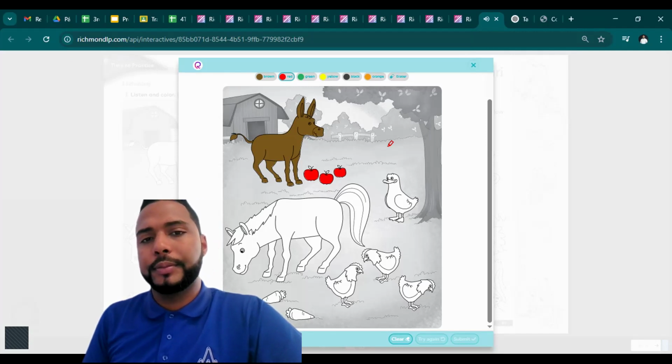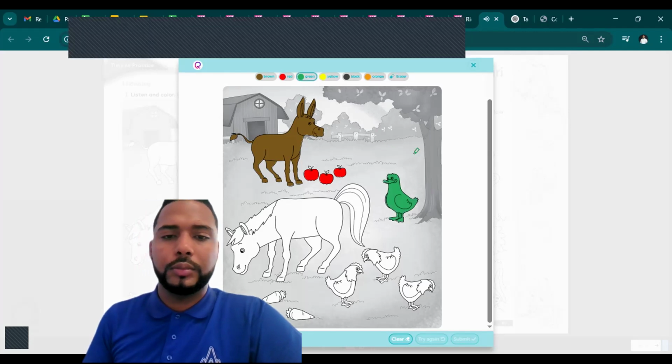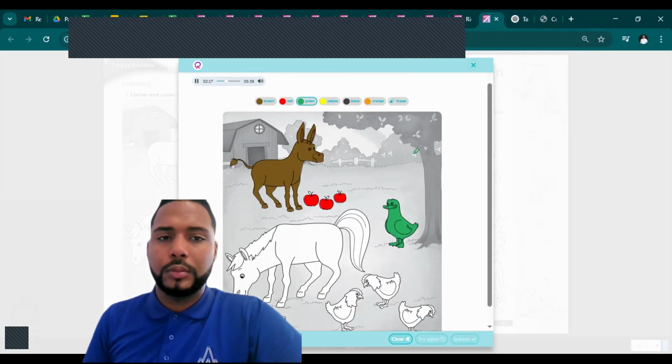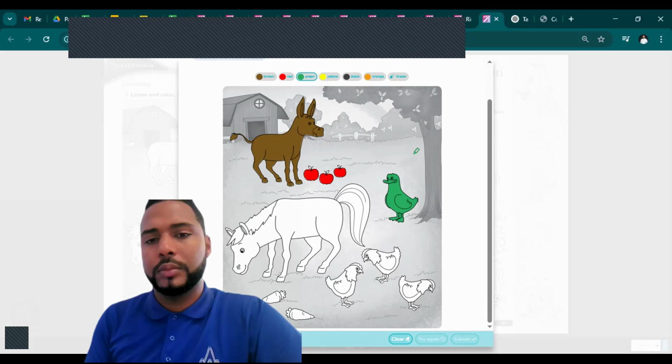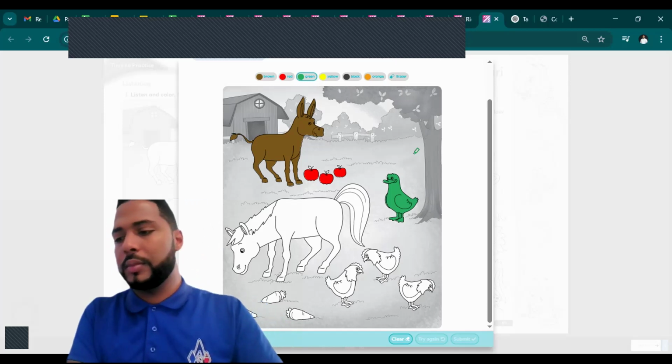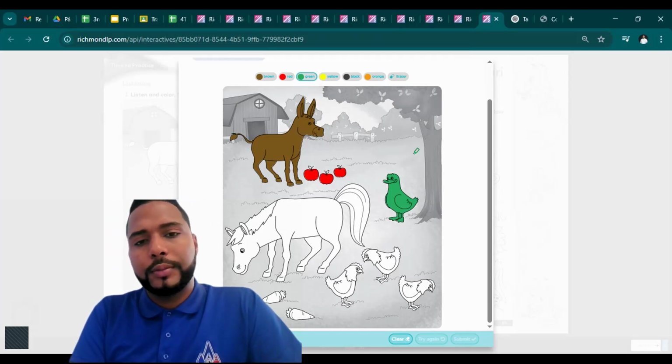Color the duck green. 4. Now, the chickens.